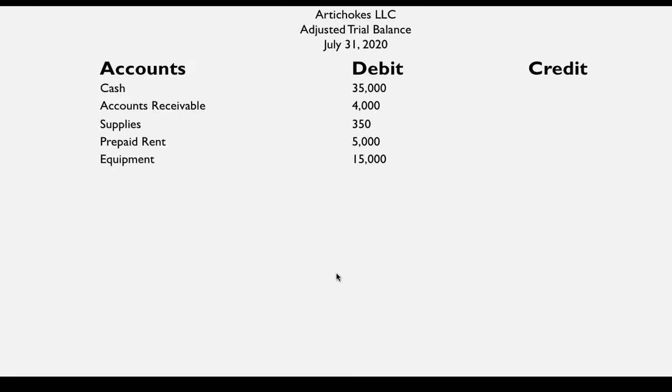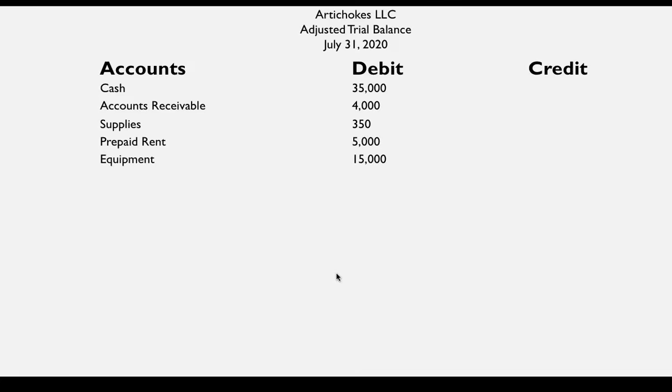Then we have equipment. Now equipment was not affected in our adjusting entries. The equipment depreciated, but that went into two other accounts. So the equipment account is only ever affected whenever you buy equipment or whenever you sell equipment.